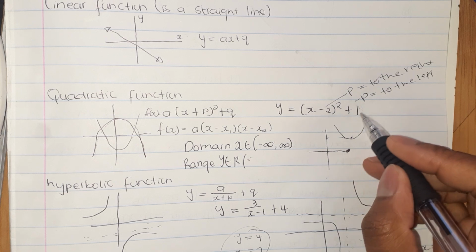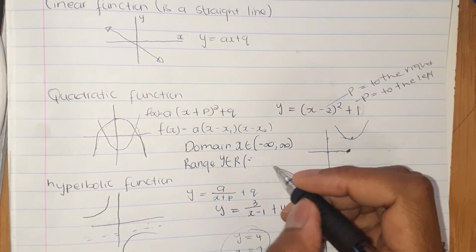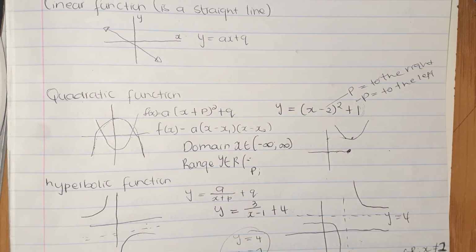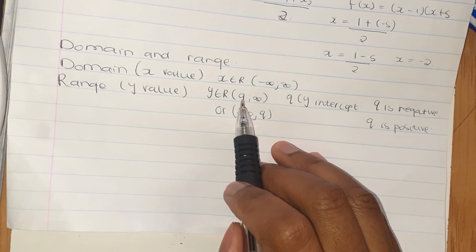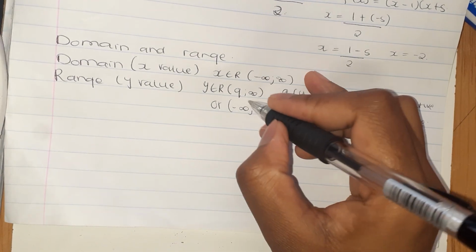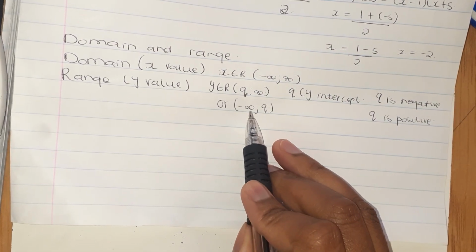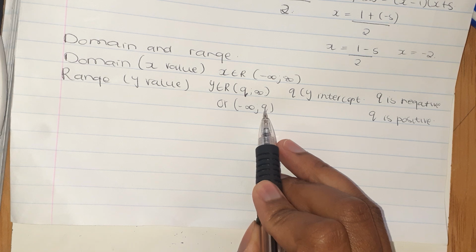We are going to start where this thing is. So let me just write it like this. We can write p to, from q to positive infinity, or from negative infinity to q.